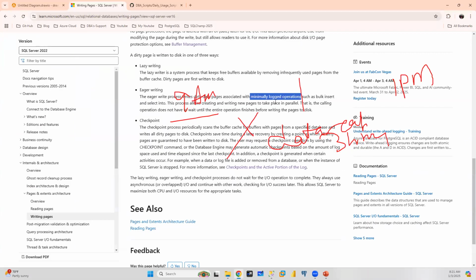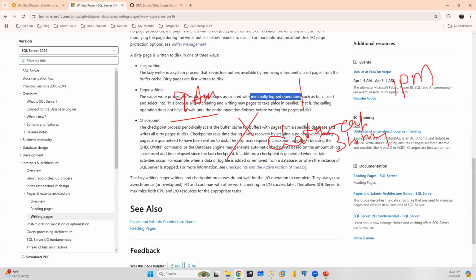Again, sir, you can't understand right away unless you know how the recovery models work. Please make a note of what the eager writer is doing when your recovery model is bulk logged and you are performing bulk operations. Internally, eager writer is helping the bulk operation. If someone asks how the bulk logged recovery model improves bulk operations, it is because there is a process called eager writer in the background.